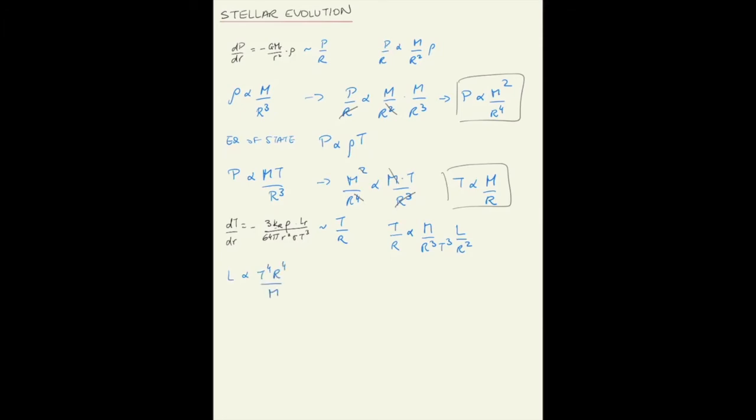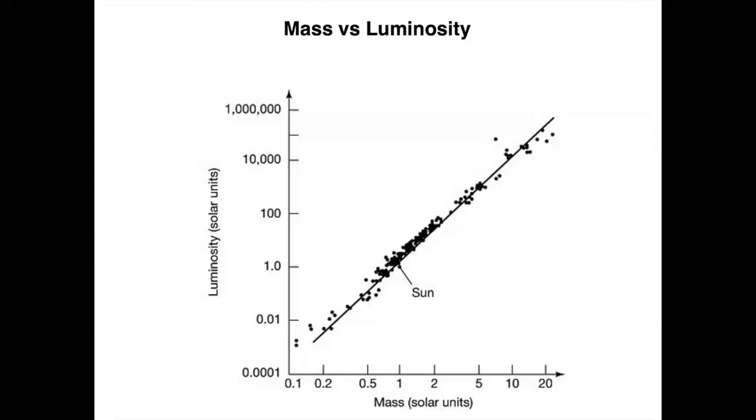Now, if you substitute what you found for the temperature, then you find that the luminosity is proportional to the cube of the mass. That is an interesting result, luminosity being proportional to the cube of the mass. Indeed, we know that more massive stars are more luminous than the sun. This is the actual mass-luminosity relationship for real stars.